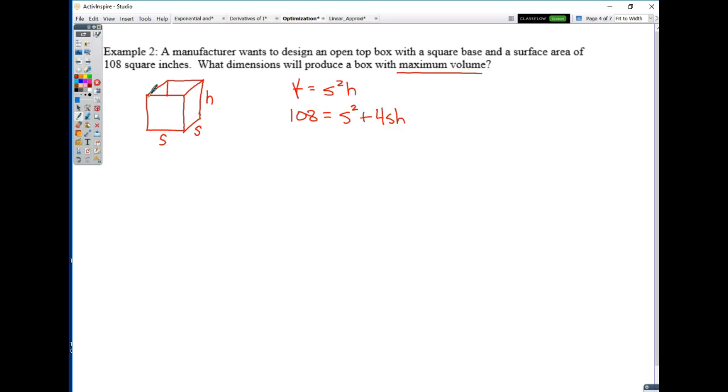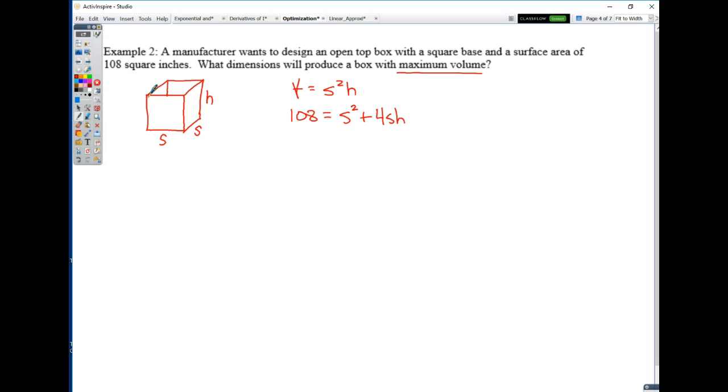What's the problem with solving for S squared? When I say S squared, I really just want S squared equals. I'm still going to have an S in the problem, and I didn't change it into a single variable. You can do that sometimes where, if this wasn't an SH and it was just 4H, and we moved that, then any time I see an S squared, I can just change that out.